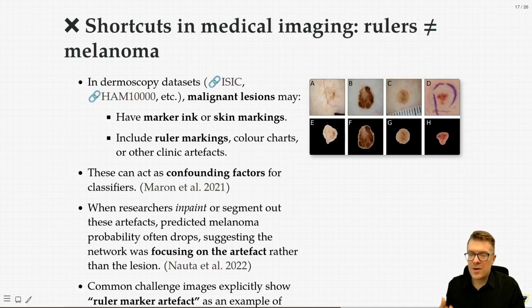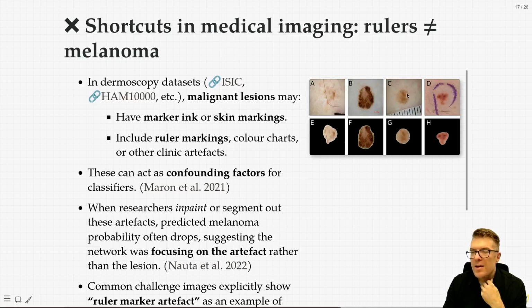Okay, so if a lesion is not malignant, and if an expert says there's no possible way that this could potentially be malignant, they're not very likely to put the ruler next to the skin lesion to measure it. So all of a sudden, by just following normal medical practice and using their knowledge about what is potentially malignant and what isn't, these images now have extra information in them that is very highly correlated with the outcome you're trying to predict.